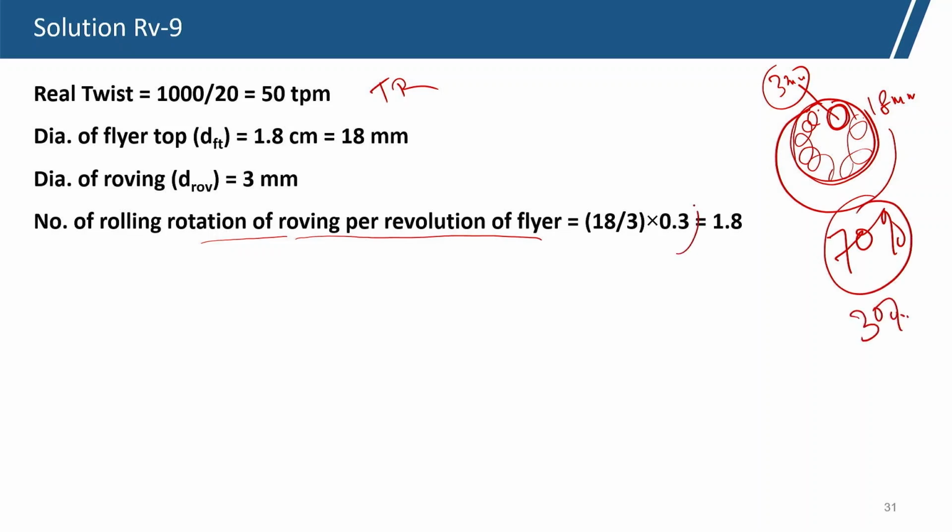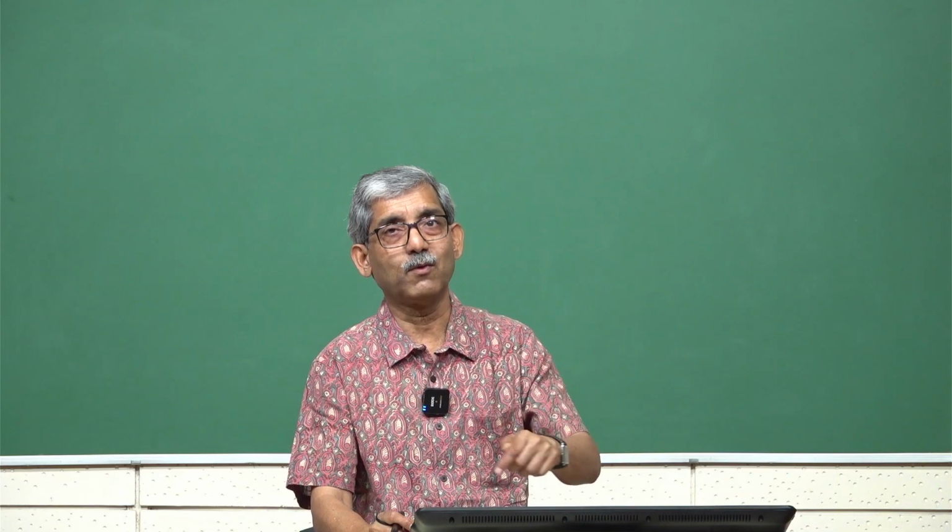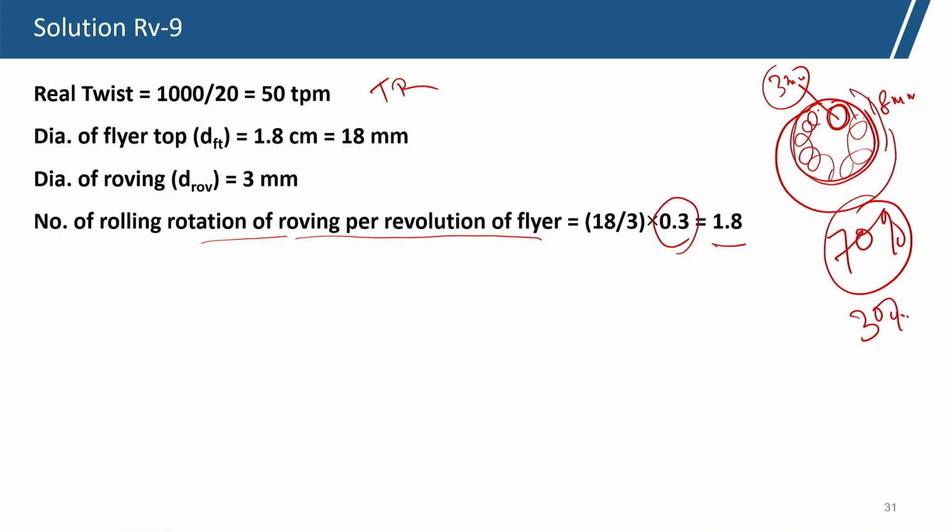That is why we multiply it by 0.3. So, there will be an effective 1.8 rolling action, which means 1.8 false twist will be imparted for one revolution of the flare. So, false twist per flare rotation will be 1.8.